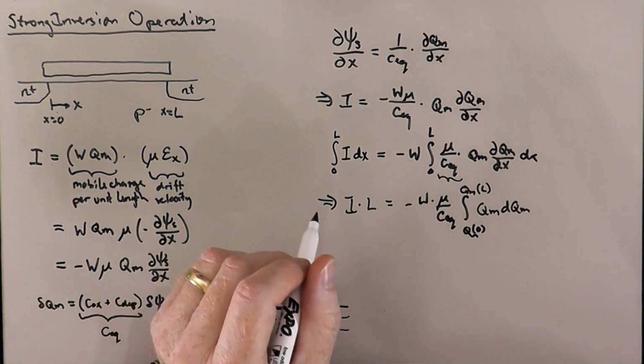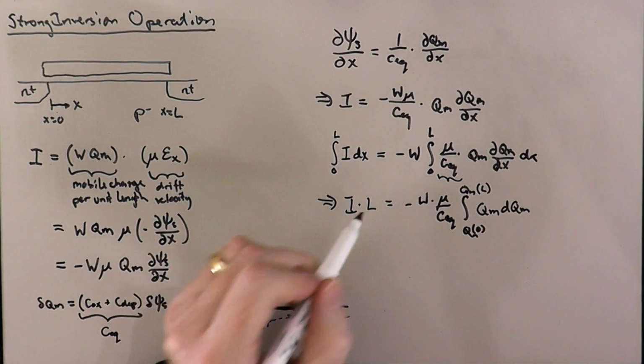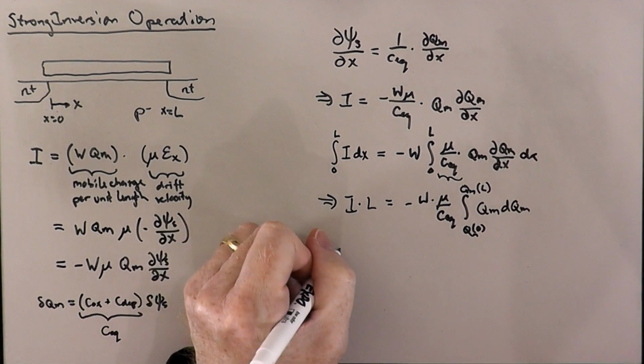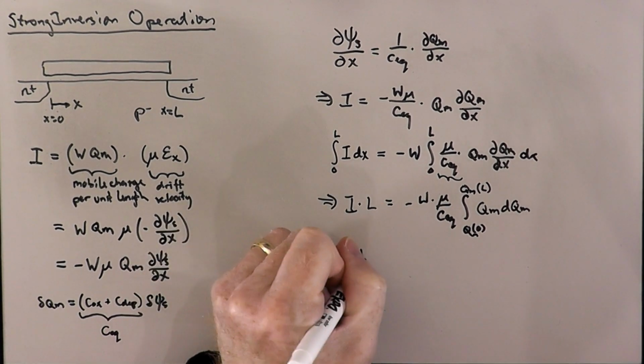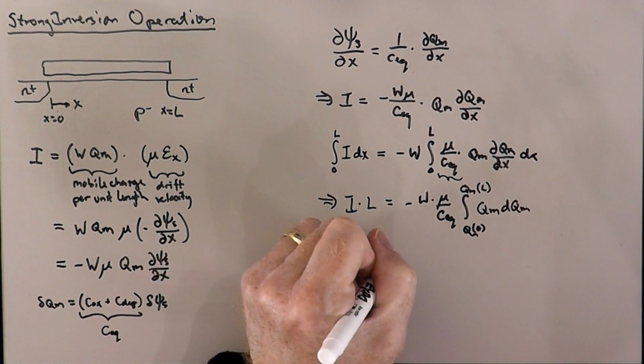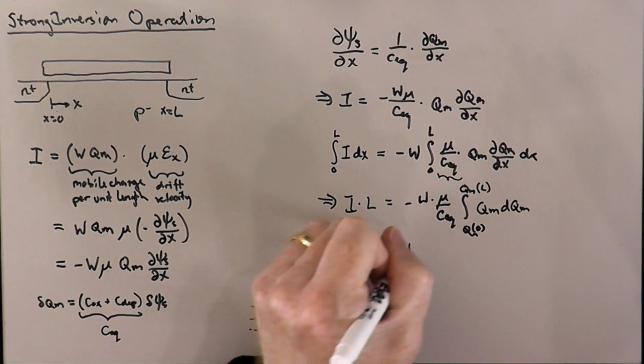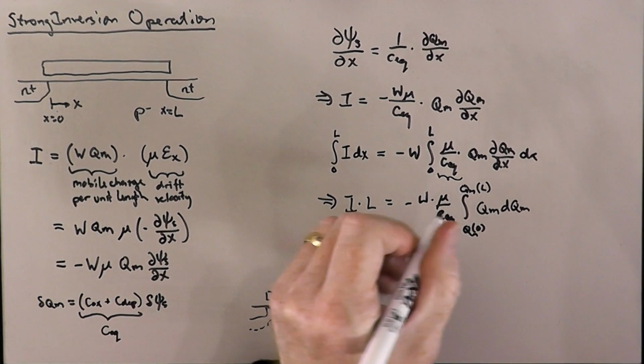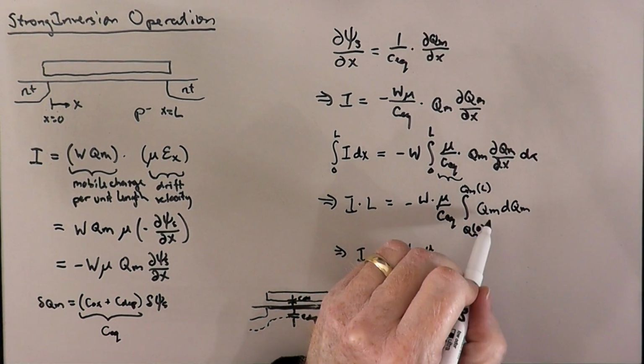Okay, so obviously we can divide both sides by L, and find that the current I is equal to minus W over L times mu over C equivalent. Now this is an easy integral to do.